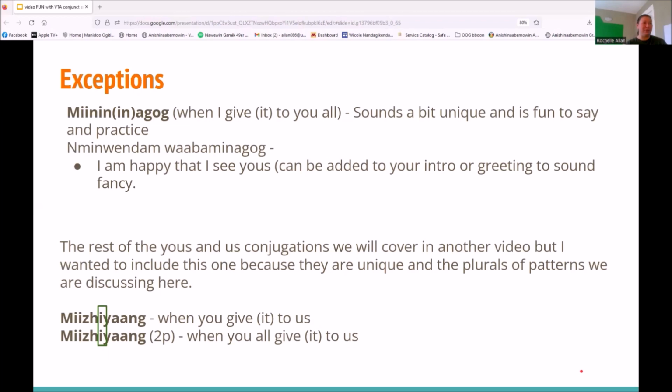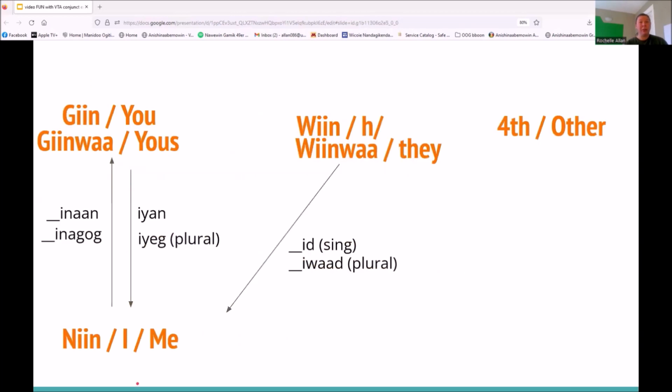So minaguk, which is a little bit funny sounding, I thought, when I was first learning it. But that actually helped me to remember it more easily. So inaguk is the conjugation. Some people will have ininaguk, but that is one that doesn't fit with the pattern that we've discussed. So here's what we have done so far.